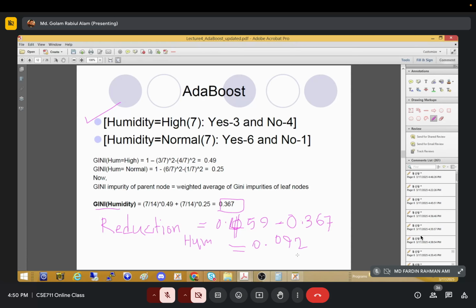So we'll get 0.092. This is the reduction by humidity.